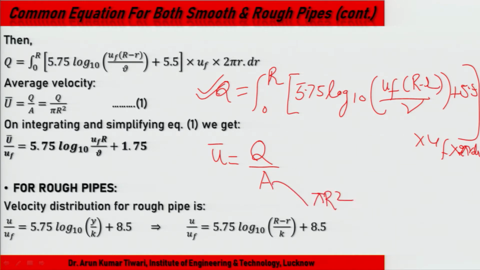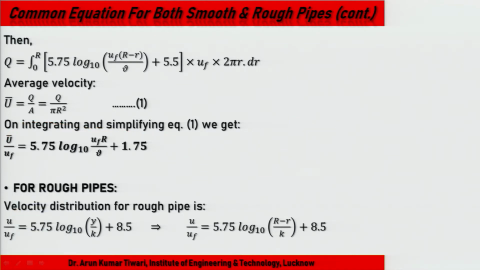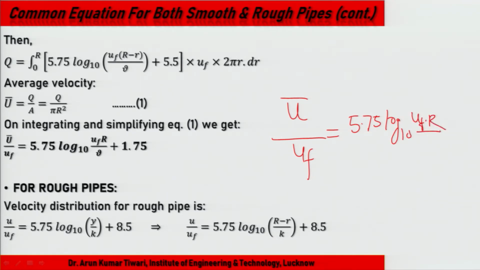By integrating and simplifying, we get the final result: average velocity upon u f, the shear velocity, equals 5.75 log base 10 of u f into R plus 1.75.